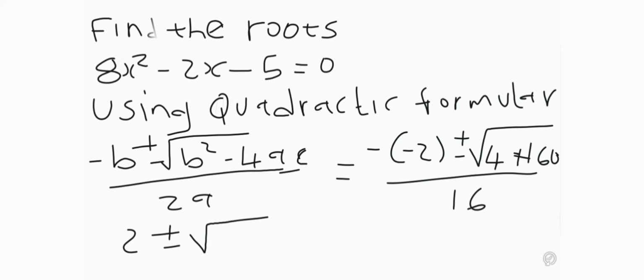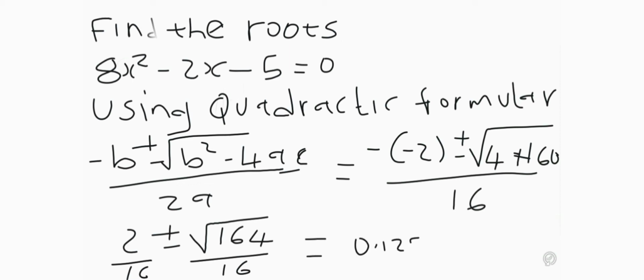Okay, I hope you know how we got that 164 divided by 16. We also divide 2 by 16. So 2 divided by 16 gives us 0.125, plus or minus. Check the root of 164 divided by 16, which gives us 0.8. First of all, look for the root of 164.